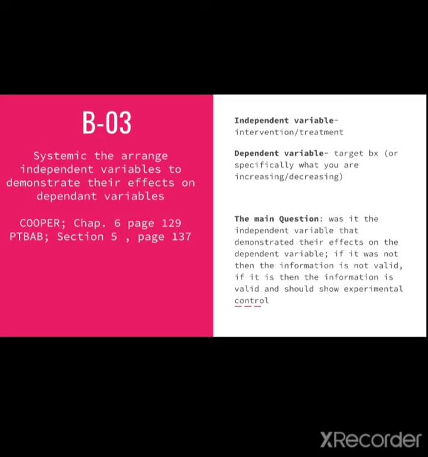If it was not, then the information is not valid. So if the independent variable did not demonstrate that it changed the dependent variable, it's not valid information. You have to go back and figure out what occurred and either redo the experiment somehow or change something, or use a different independent variable, okay? Because sometimes we can have confounding variables.